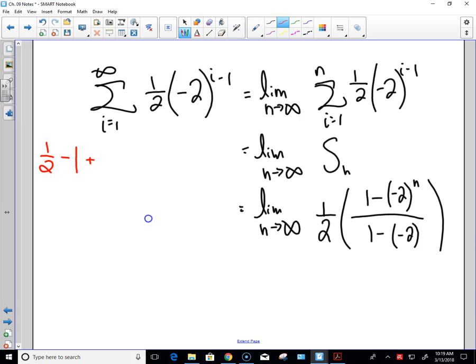Then plus 1/2 times -2 squared, which would be 4, so that'd be 2. Then minus another times 2. If you had seen this, I'm not sure all of you right away would have said, oh, of course it's divergent. Maybe you would have figured that out. Maybe you wouldn't have.